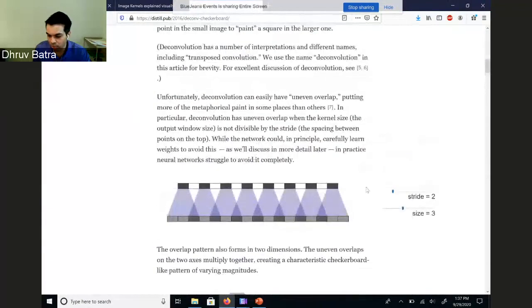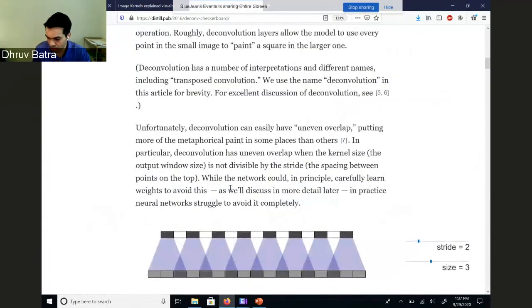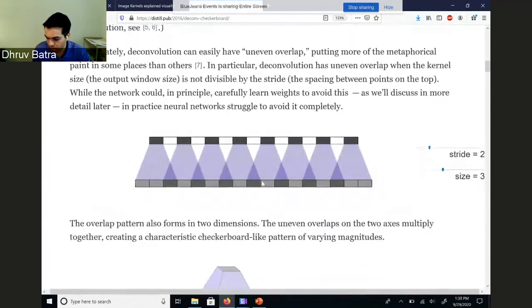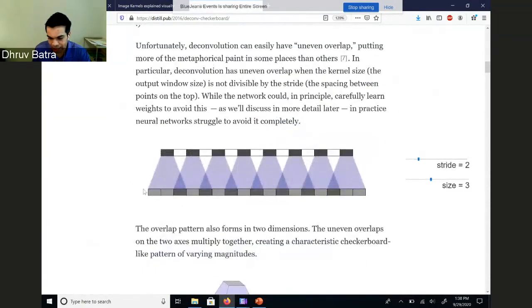So let's look at a one-dimensional example. This is the input X right here. This is the output Y. These blue things are the filter values. Our stride is deciding the size of the output.